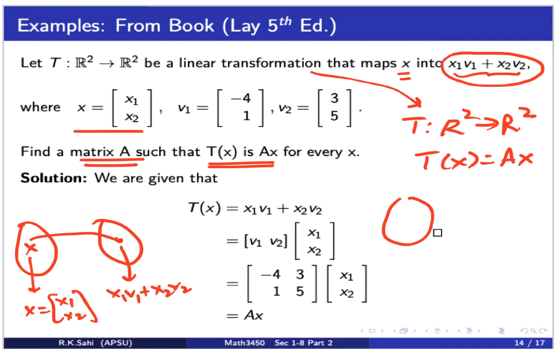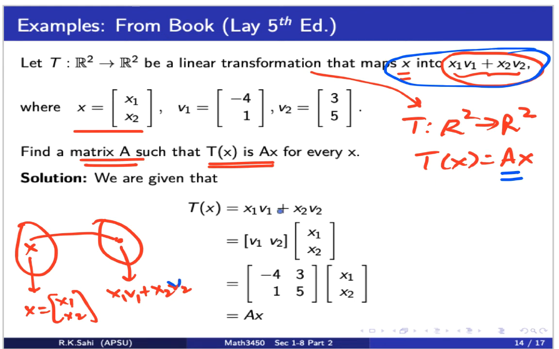Okay. We are asked to find a matrix A such that this is always true. You're mapping any vector in the domain to a linear combination which is given by this relationship.